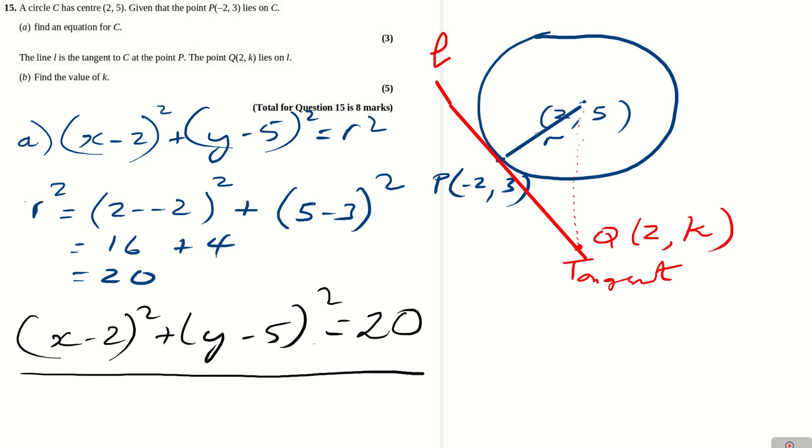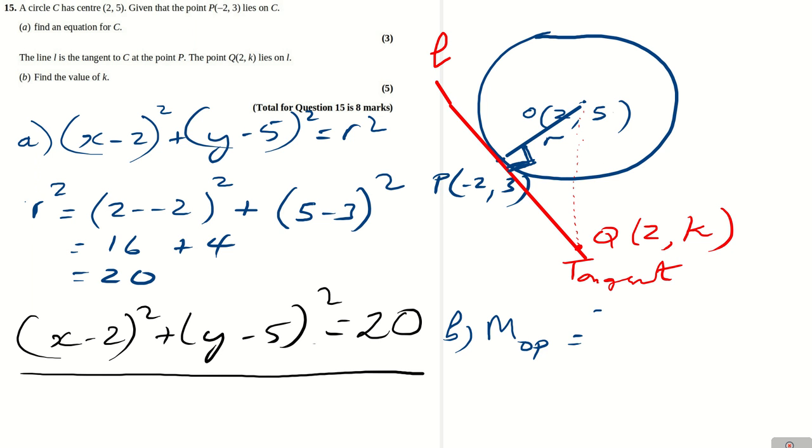Now to do this, you've got to realise that the tangent makes a right angle with the radius from the centre to the point P. If I call the centre O, then I can find the gradient from O to P, the change in y divided by the change in x.